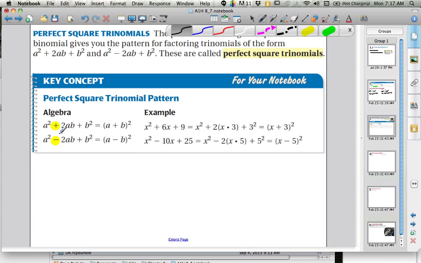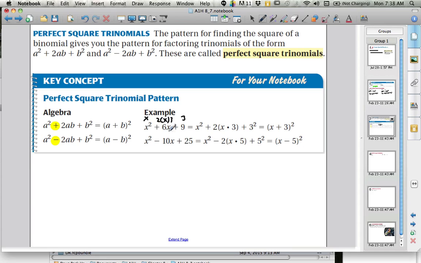Again, what we're going to want to do is identify the pattern. We're going to want to know, is this thing a perfect square? Is this a perfect square? And is this middle term 2 times a times b? So for example, is x squared a perfect square? Yeah, it's x squared, so that would be the a. And is this a perfect square? Yeah, 9's a perfect square, it's 3 squared. And now I want to look at this term, and is it 2 times x times 3?